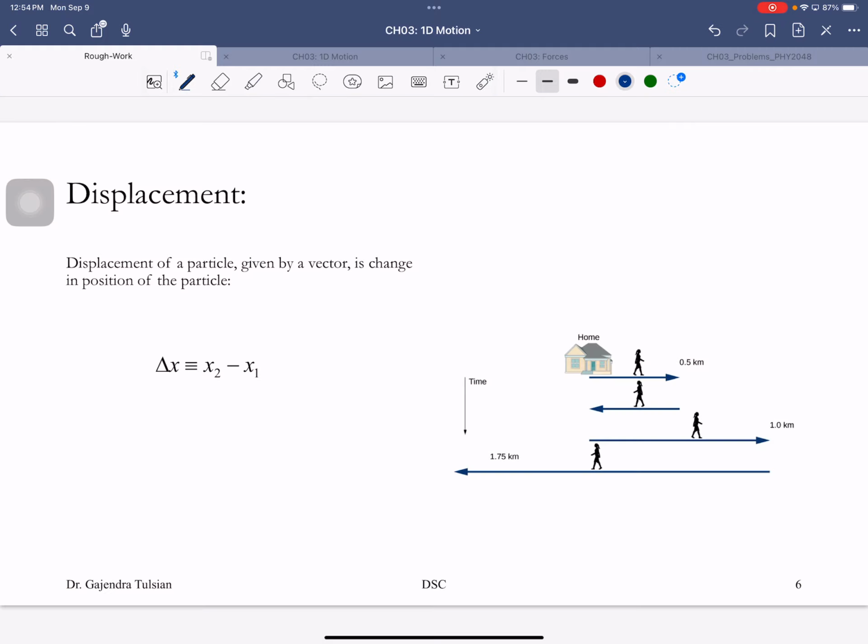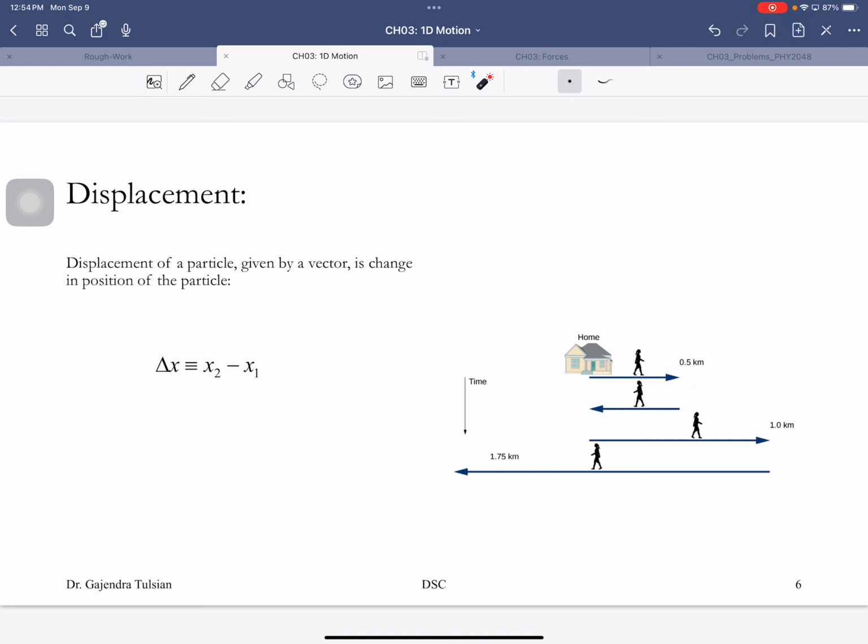Let's look at this diagram. Time is developing that way, so this happened at a later time, and so on. Let's say this lady starts from home, walks that way, and then walks back. What is our displacement vector for this journey? 0 vector.